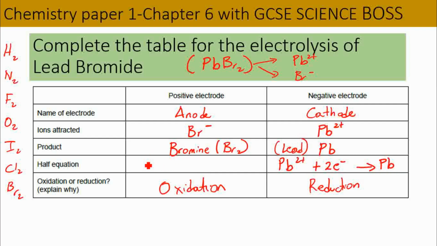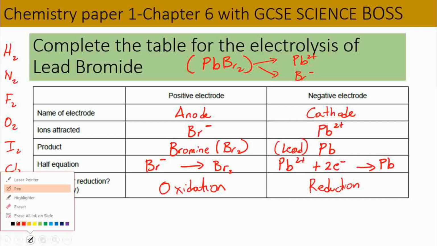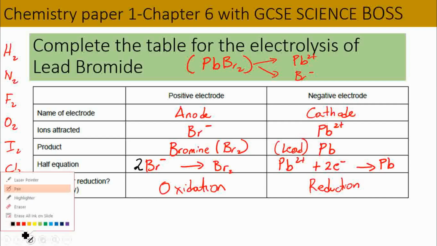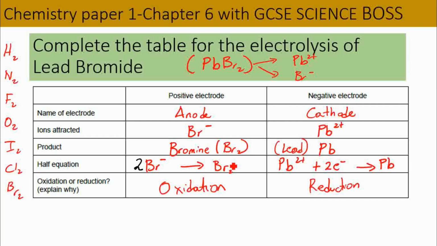Also, your bromide ion, how did it change to become Br2? Firstly, we have to balance the equation. So I have Br2 on that side, which means I need 2 bromide ions in order to do that. And oxidation is the loss of electrons. Because you're losing them, they're on the product side of the reaction, and therefore there are the 2 electrons lost.